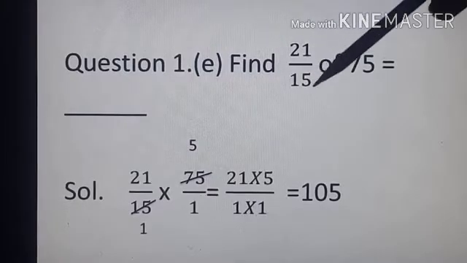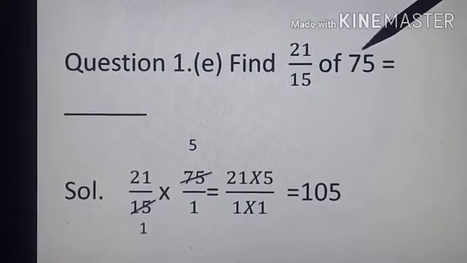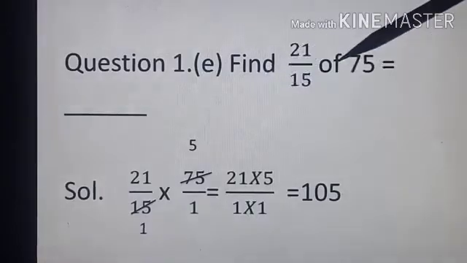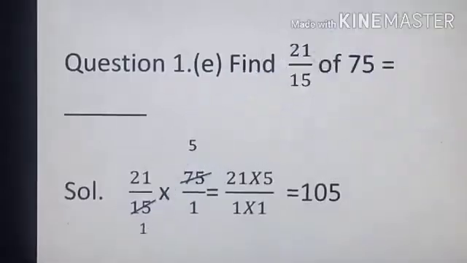Now next is first question, E part. Find 21 upon 15 of 75 is equal to dash. So 21 upon 15 of means multiply. 75 can be written as 75 upon 1. It is very much clear from here that 15 ones are 15 and 15 fives are 75. Right? So you will cut down here.